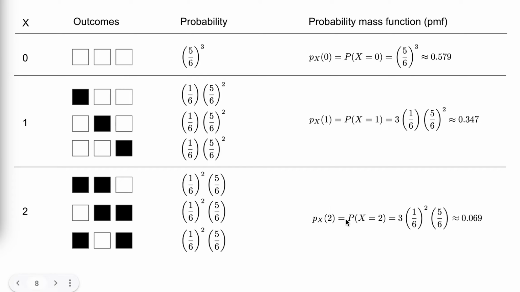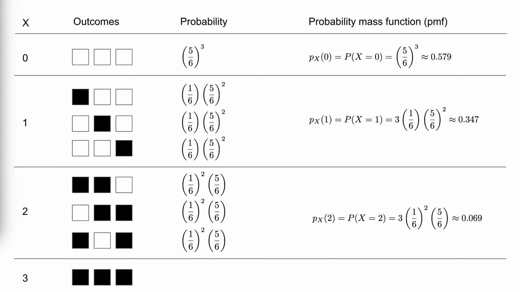The PMF evaluated at 2 is 3 times 1/6 squared times 5/6, or roughly 0.069. Finally, there's only one way to observe 3 6s. And the probability that we get a 6 on all 3 rolls is 1/6 cubed, or roughly 0.005. And this defines the last piece of our PMF.